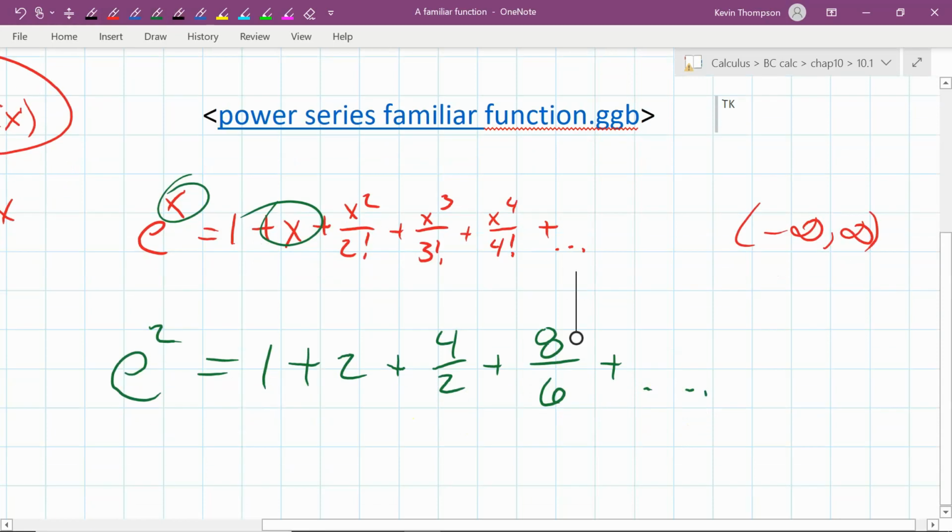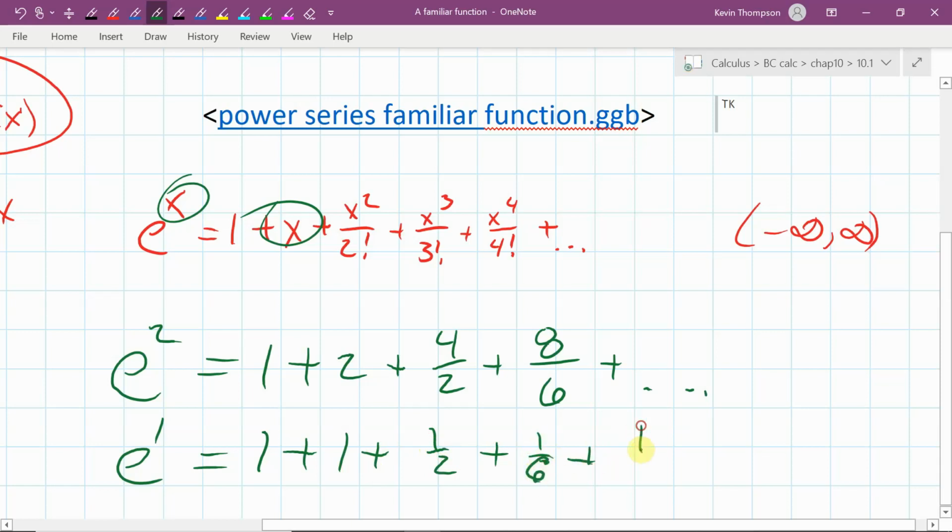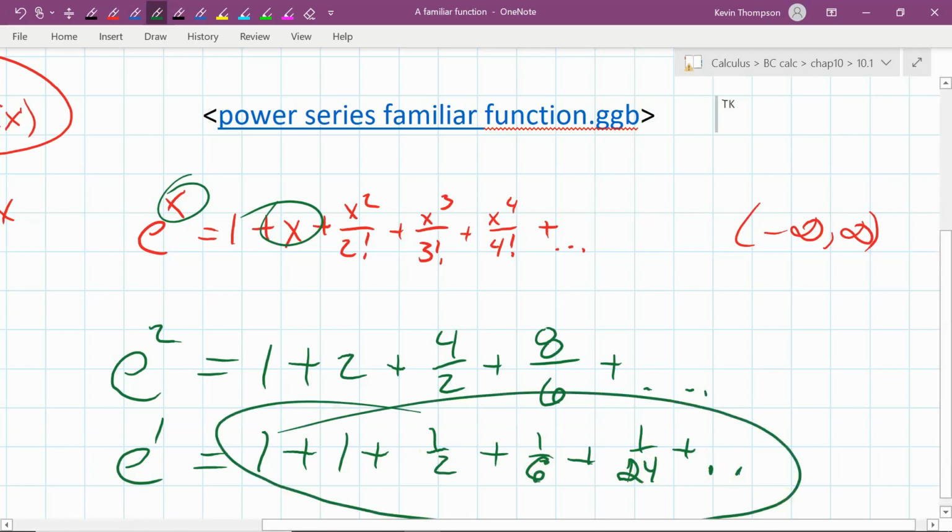If you want this number e, 2.718281828 dot dot dot forever and ever that we don't understand that well, it's actually the number 1 plus 1 plus a half plus a sixth plus a 24th plus dot dot dot forever and ever. Just substitute a 1 everywhere on the right hand side. This is the number e. Two transcendental numbers for you today, e and pi, written as a series.